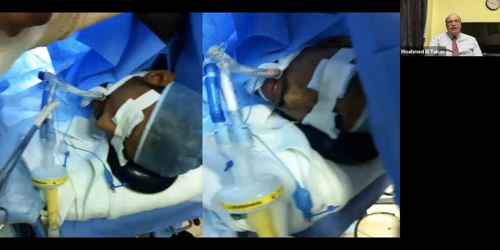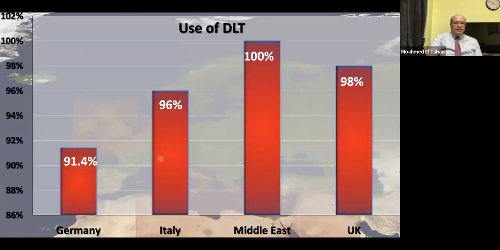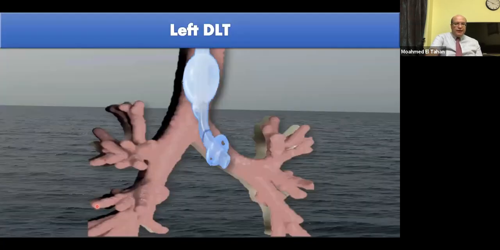In the same way, here we are using either double-lumen tubes with two lumens, as you can see. In national surveys, you can see most practitioners in the Middle East, UK and Italy are using the double-lumen tube as a first choice, to some extent in Germany as well.